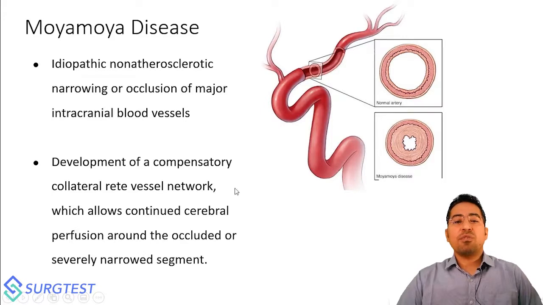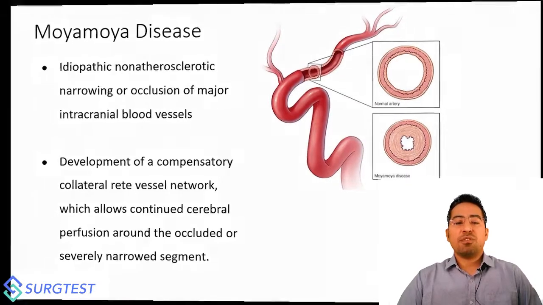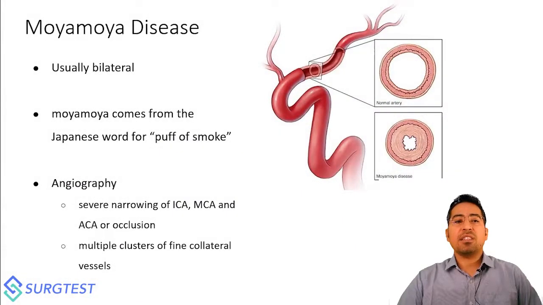These tufts of newly regenerated blood vessels appear as a puff of smoke. That's why this disease is called Moyamoya disease, which in Japanese means puff of smoke.